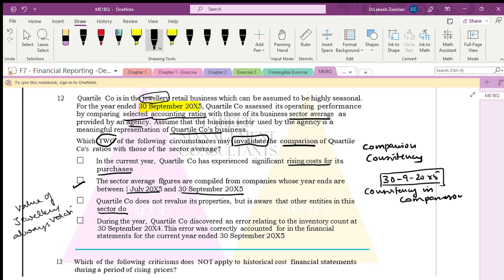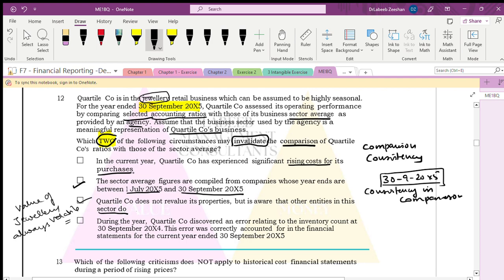When it is volatile, we cannot say that we will not do revaluation while others are doing it. It will invalidate. Which two? Keep it in mind, but you cannot say that I have completed two and will just skip the fourth one.